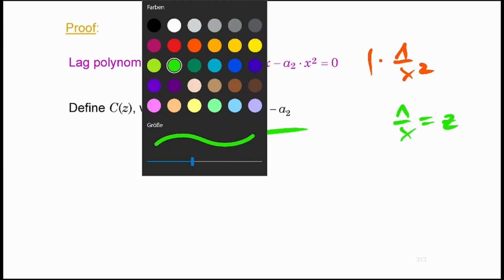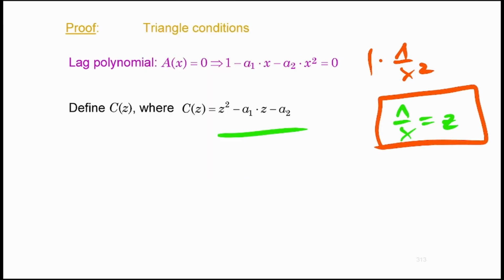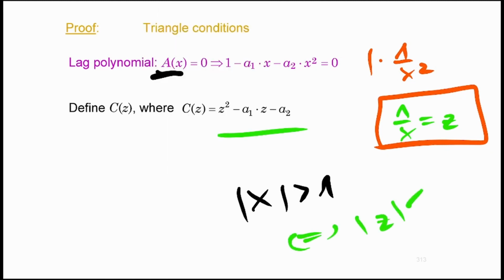If you look carefully, check this out. If the absolute value of x is greater than 1, which is equivalent to the process being stationary, because all roots of the original lag polynomial must have absolute values greater than 1, this is equivalent to the absolute value of z being less than 1.